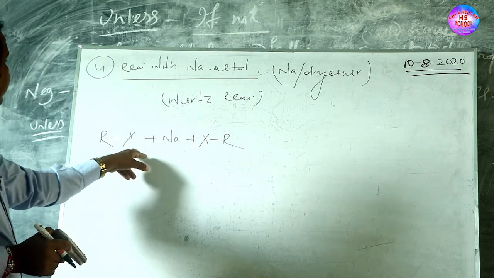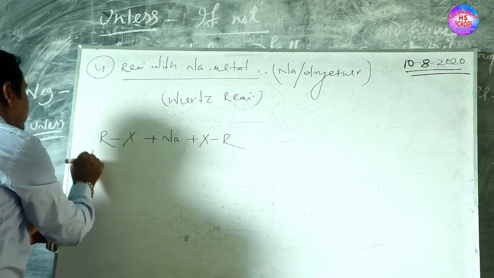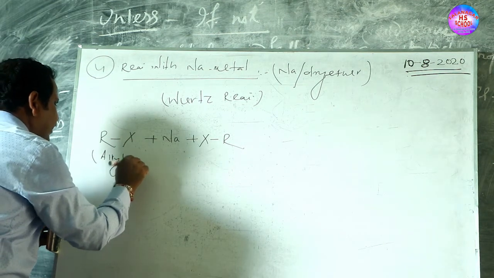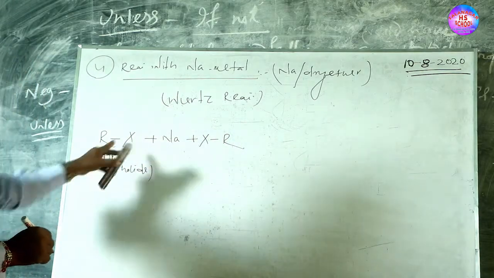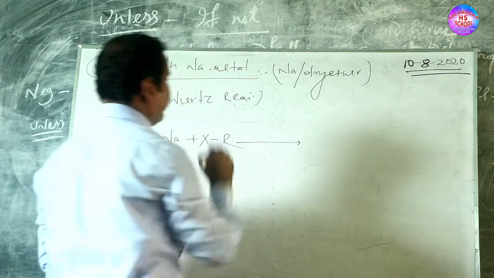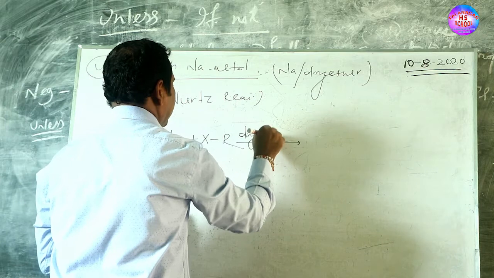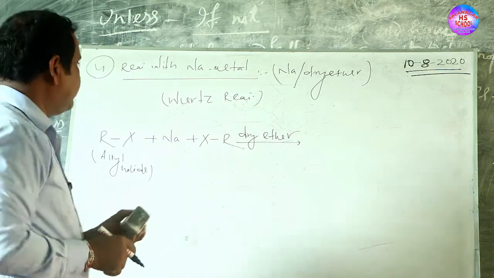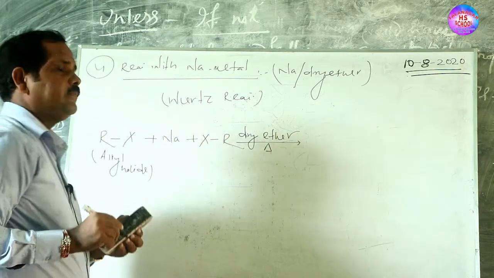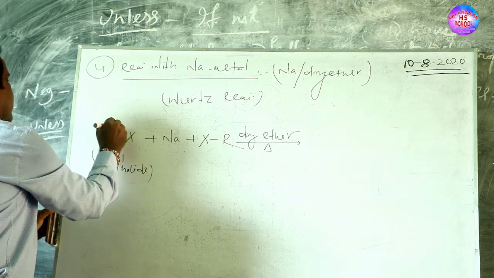RX and XR, same thing, it is called alkyl halide. The reaction takes place in presence of dry ether and heat. The alkyl halide R-X bond breaks.